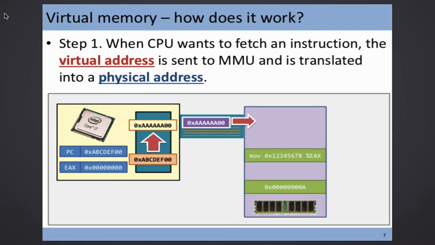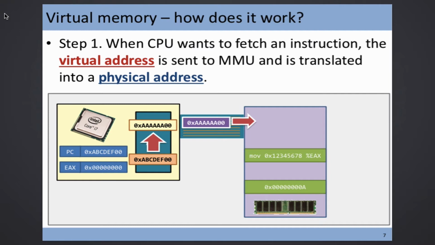Okay. Now, what is this MMU doing? Let's say the program counter is storing this address ABCDEF00. And this is what the CPU thinks: I need to get this address so that I know what is the next instruction I should run. Now the MMU's job is to translate this address.